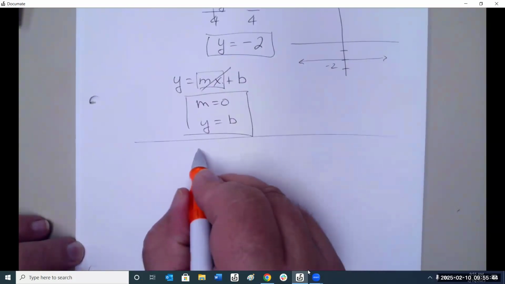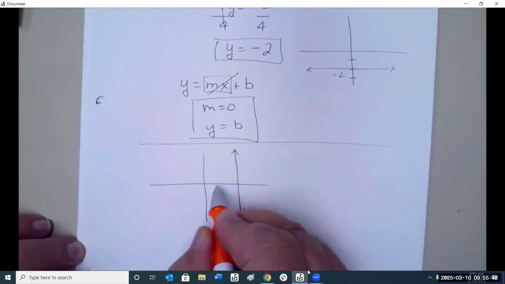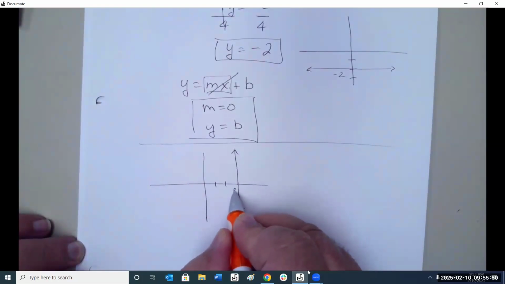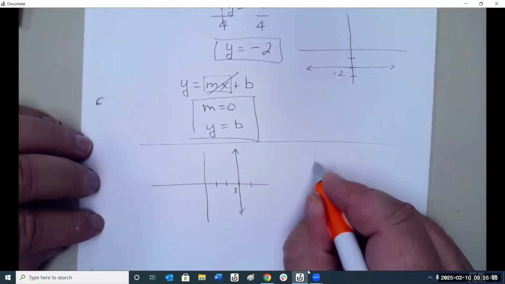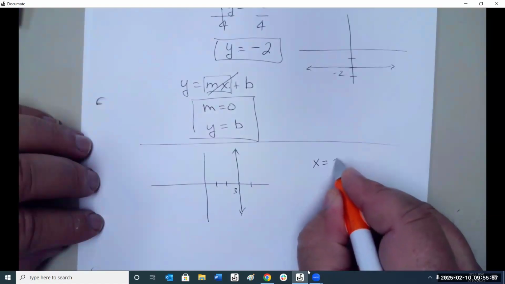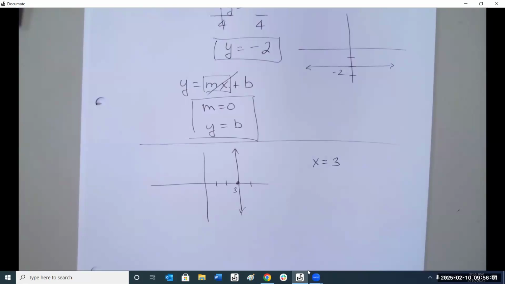Likewise, if we had a vertical line, what's that equation going to look like? X equals wherever it crosses. There's no y, so it doesn't move anywhere.